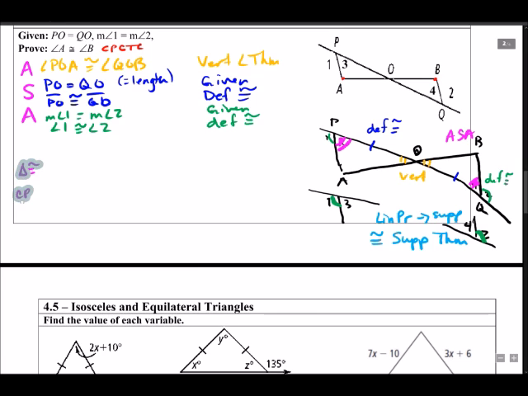I'm going to erase these because I think I need more space. All right, so I've got angle 1 is congruent to angle 2 now. And what am I going to need to do? I am going to need to say that angle 1 is supplementary.